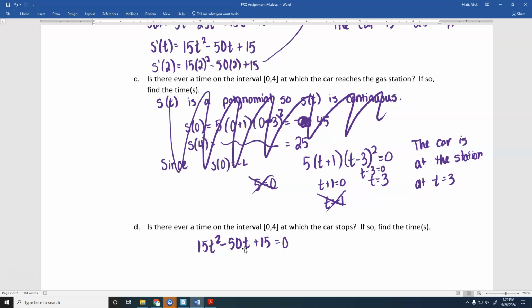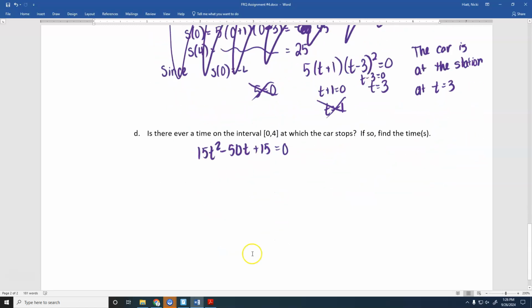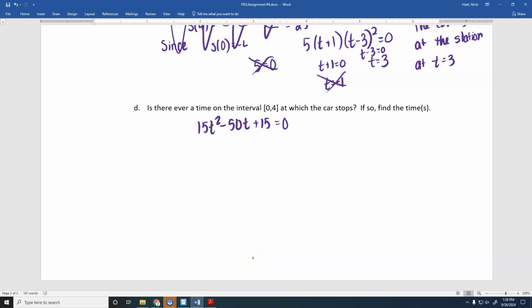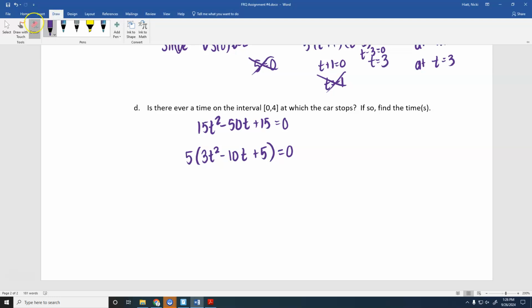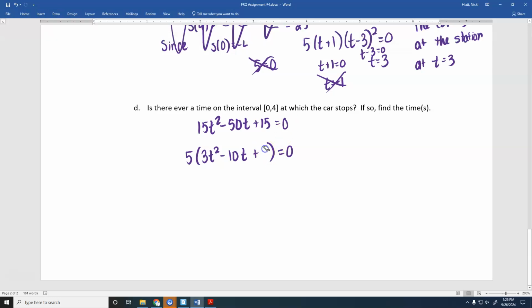And to solve that, I would do a greatest common factor first, just to get the numbers to be a little smaller. So you can take a 5 out, you'll get 3t squared minus 10t plus 3 equals 0.